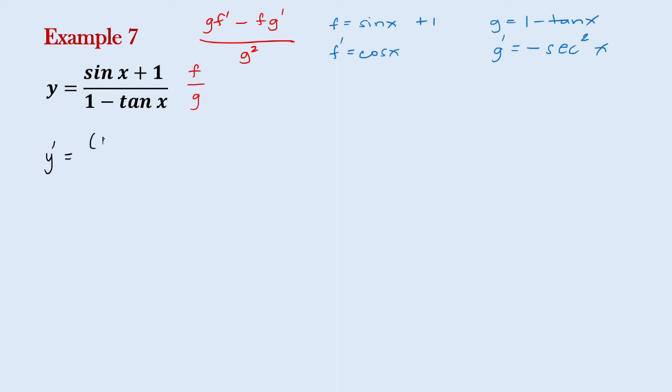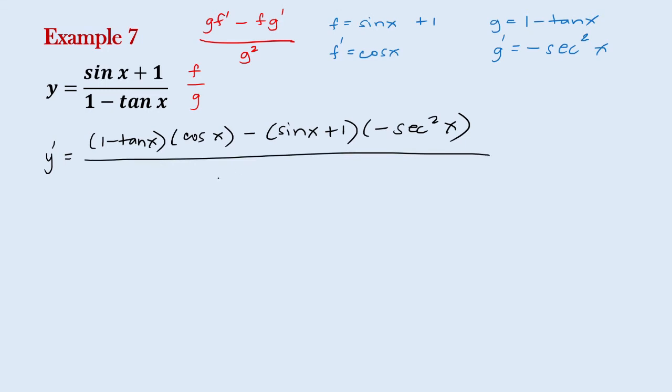So y prime would now be g, that's 1 minus tangent x, times f prime, so we have cosine of x, minus f, that's sine x plus 1, times g prime, that's negative secant squared x, all over the square of our denominator, 1 minus tangent x.